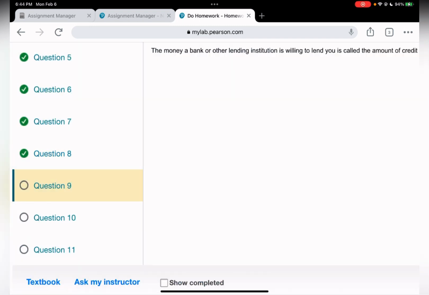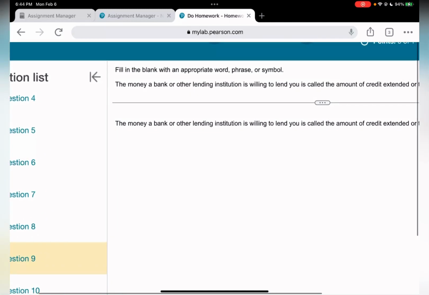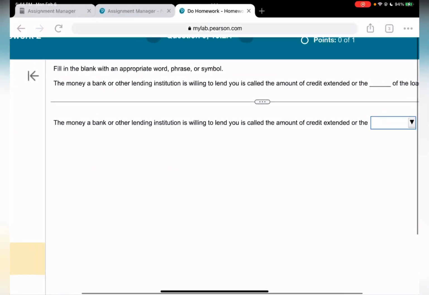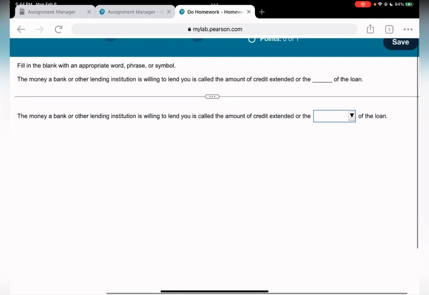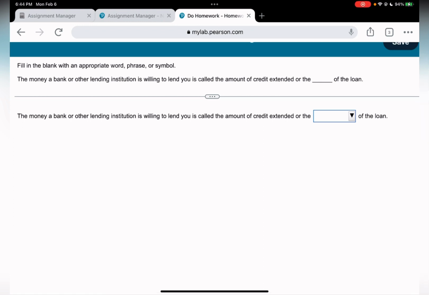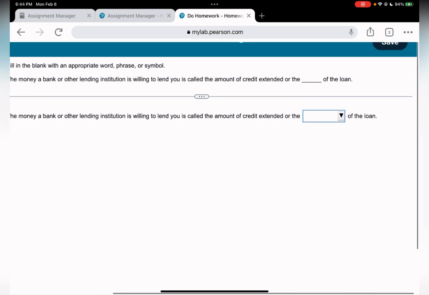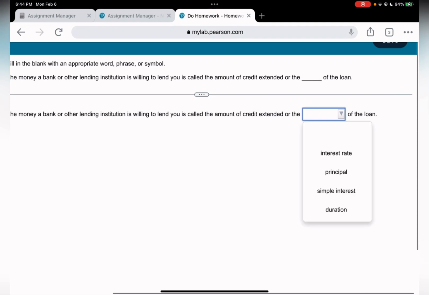Moving to question number 9. The money a bank or other lending institution is willing to lend you is called the amount of credit extended of the... Okay, let me explain each one of them.